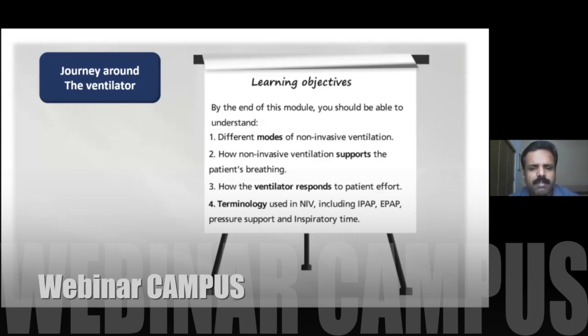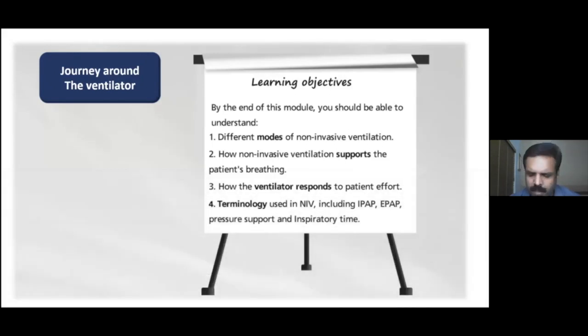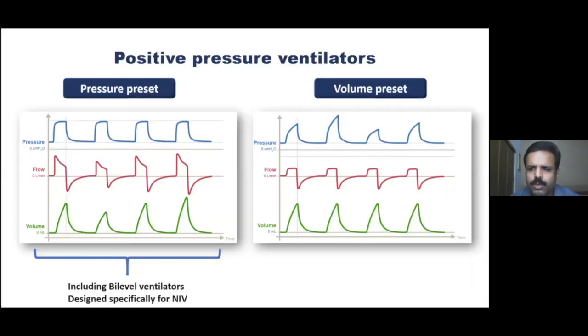Then we go ahead with the further advanced things. So basically IPAP, EPAP, pressure support, inspiratory time. Clear? So with that, we will move on to the types of different ventilators.